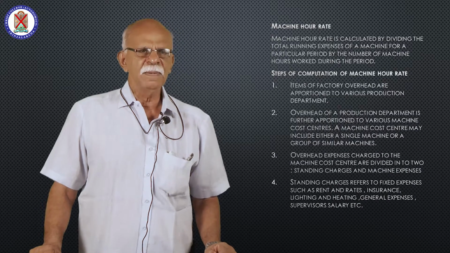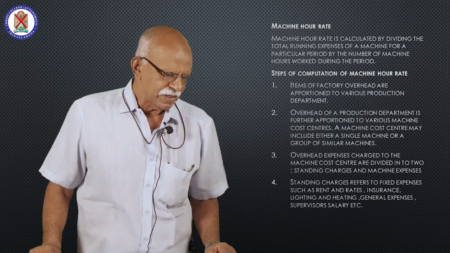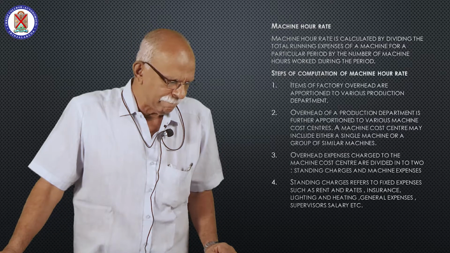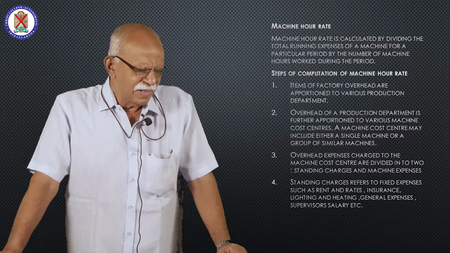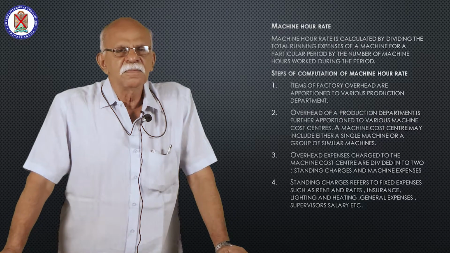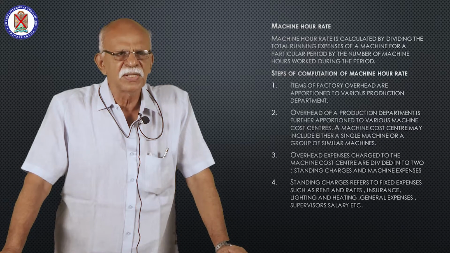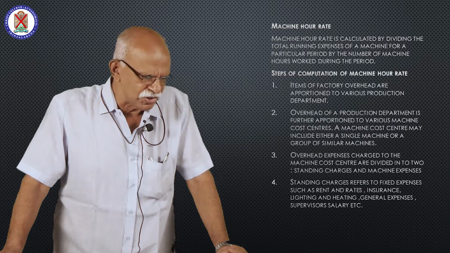Now we have to see what the steps involved in computing the machine hour rate are. First of all, you have to apportion the various overhead expenses to different production departments.